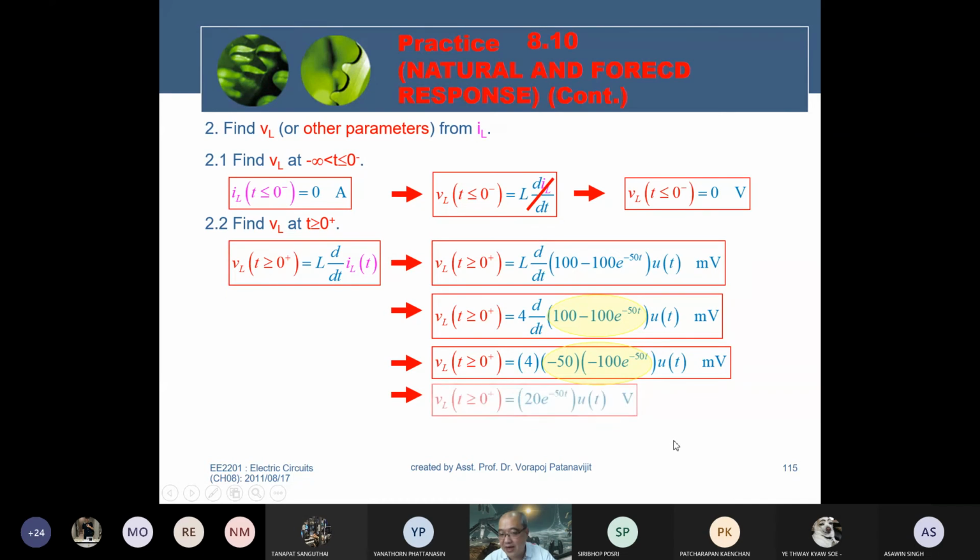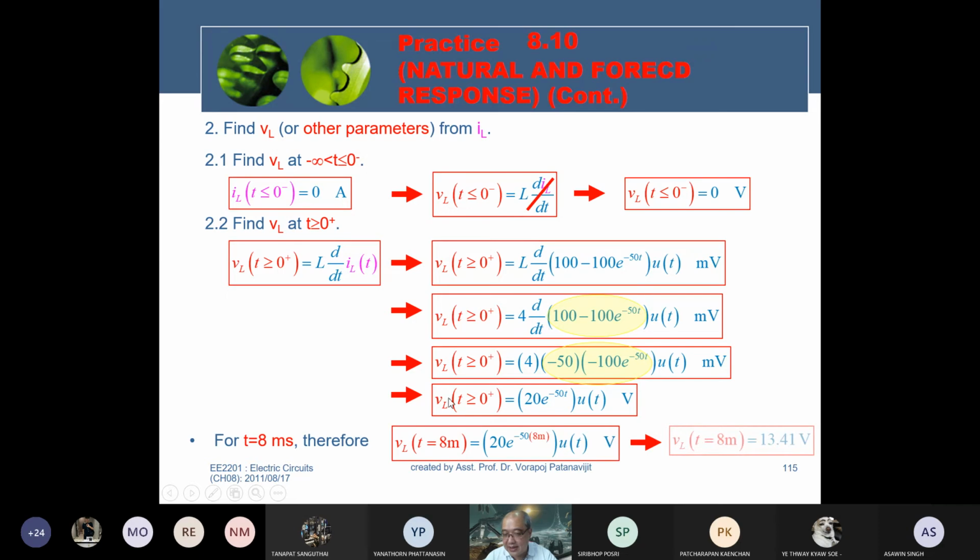After you simplify this form, the inductor voltage equals 20 e^(-50t). At time equal to 8 milliseconds, the inductor voltage equals 13.4 volt.